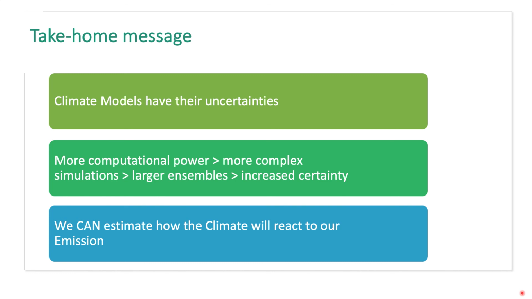And as time goes on, our computers are going to be more powerful, so we can have more complex simulations with more resolution, or that capture more details of the climate system. And we can make larger ensembles with different model simulations. And with that, we can increase the certainty in our decisions about the future of the climate system.